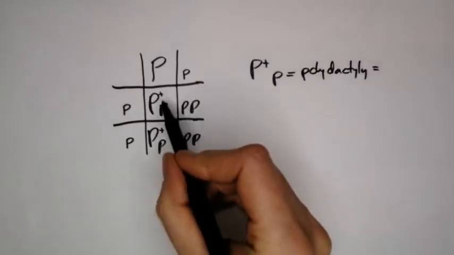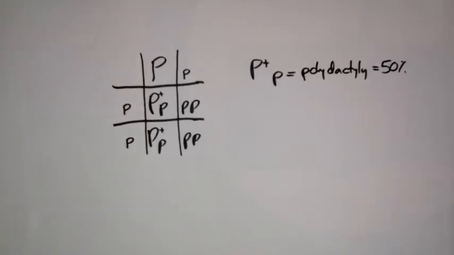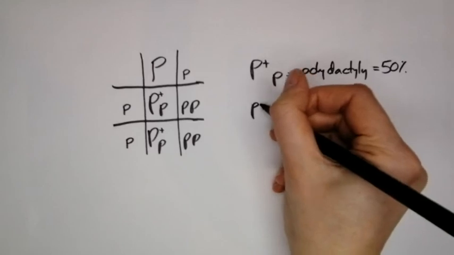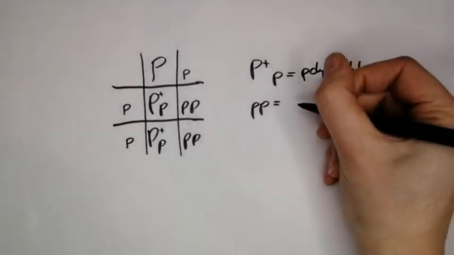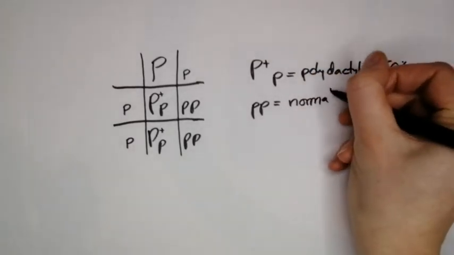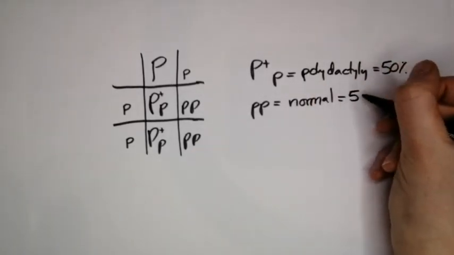And it is 2 of my 4 combinations. So I'm going to do this as percentages, so I'm going to go for 50%. And I've got little p, little p as my next genotype, my next combination of letters. And that would be somebody who would be normal. I'll have the normal expected number of fingers and toes. That's 2 of the 4, so that would be 50%.